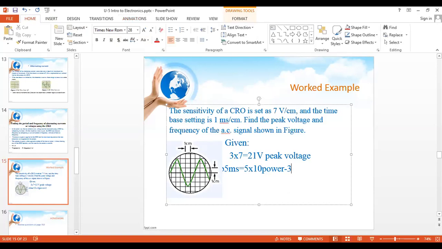To find the frequency or period of the object, what are we going to do? Since this is in seconds, this is going to be our period. To find the frequency, frequency equals 1 over period. So that's going to be 1 over 5 times 10 to the power negative 3.